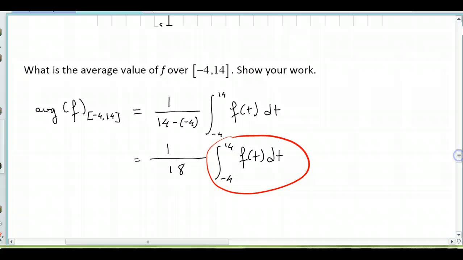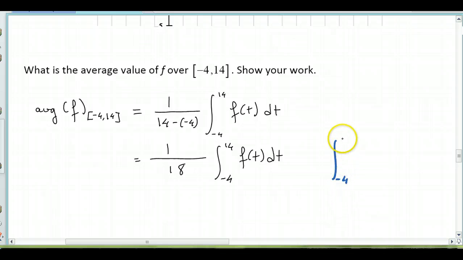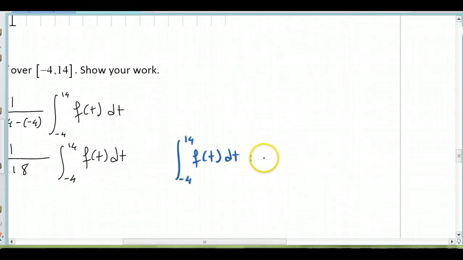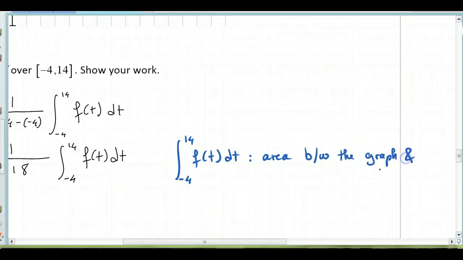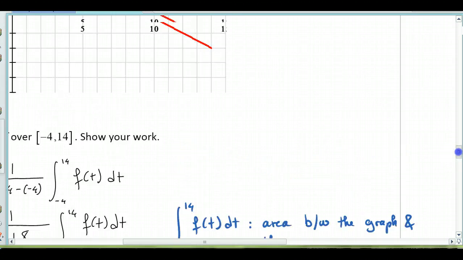I know what this represents right here. The integral of f of t dt represents the area between the graph and the x-axis. You count it positive if it's above the x-axis, negative if it's below.